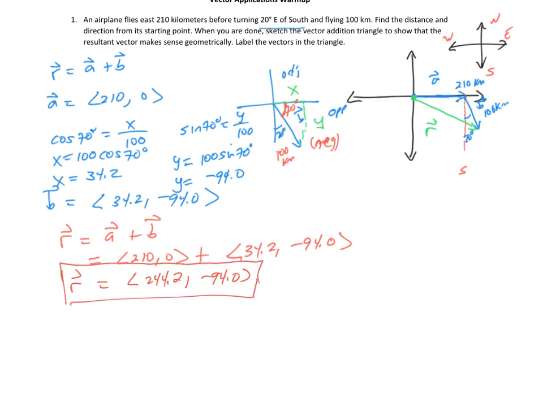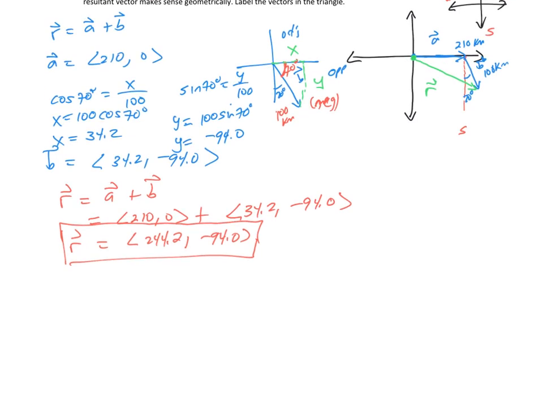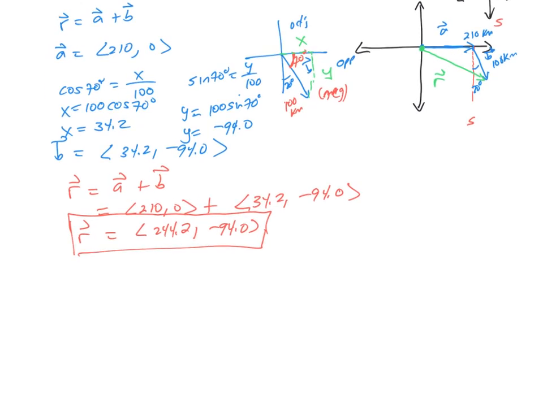What's requested for this problem is that we need to find the distance and direction from the starting point. So the distance from the starting point is the magnitude of R. So let's find the magnitude of R. So I will go ahead and draw this just so that we have it.